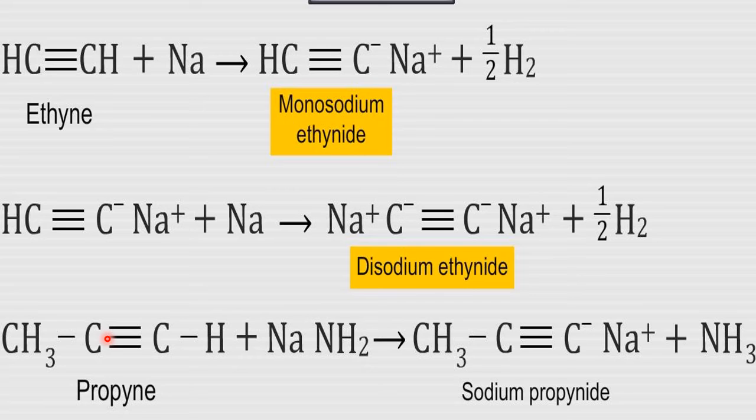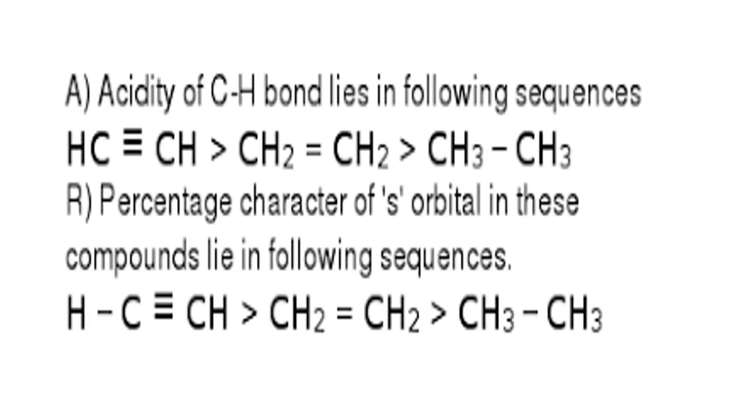Already the electron density is more there, so pulling electrons with an already electron-rich neighboring carbon atom is not as good a pull as the required pull compared to ethyne. Here it is totally free, no other electron donating groups. So the longer the chain, the more the attachment of electron donating groups, the less the acidic character. So among alkynes, the best acidic character we obtain from the first member, that is ethyne.